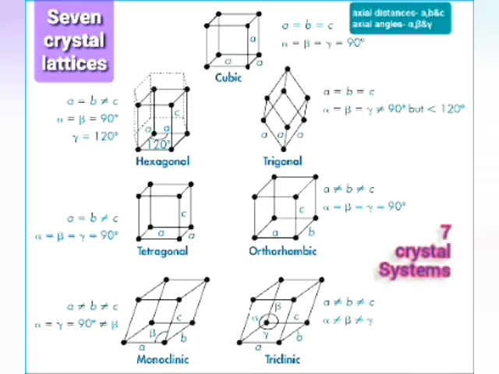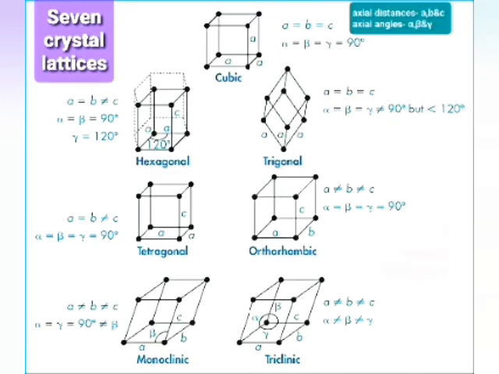For orthorhombic, A is not equal to B is not equal to C, meaning A, B, C are not the same, but alpha, beta, gamma are the same, 90 degrees.